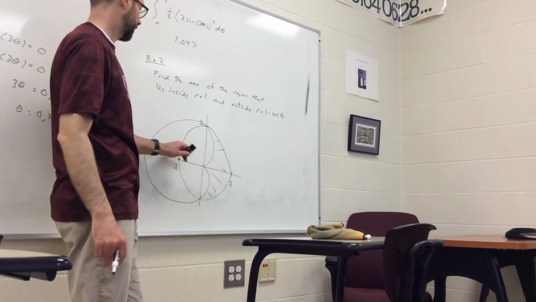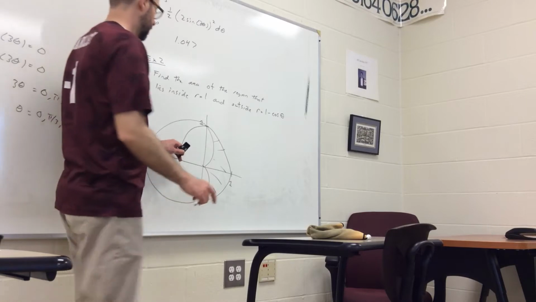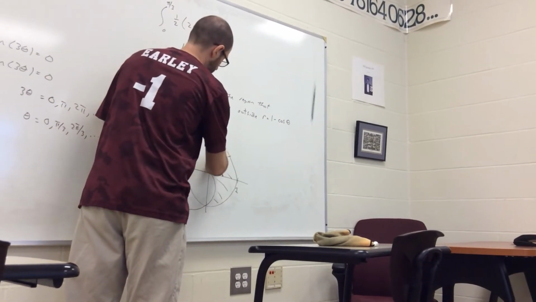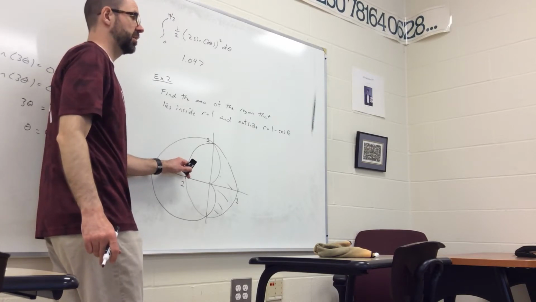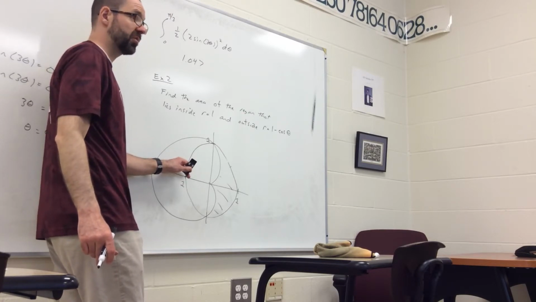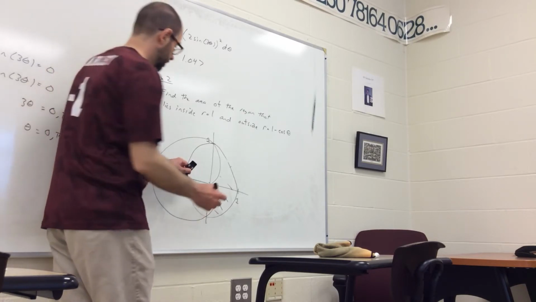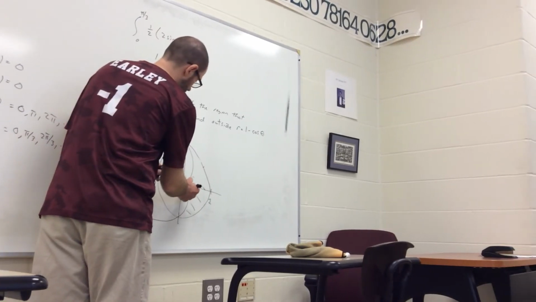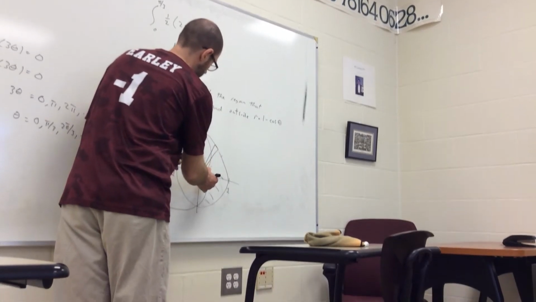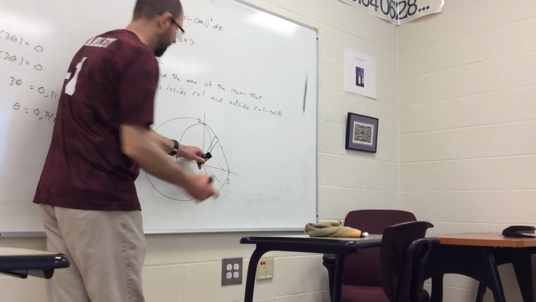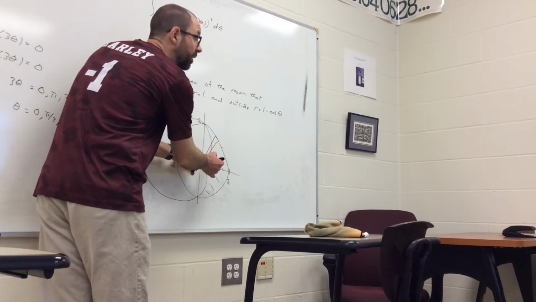Okay, so what we are going to do, just like we always do with polar, is we're going to divvy this up into parts of circles. So one of the slices is going to go to there. But then we don't want to count this, right?